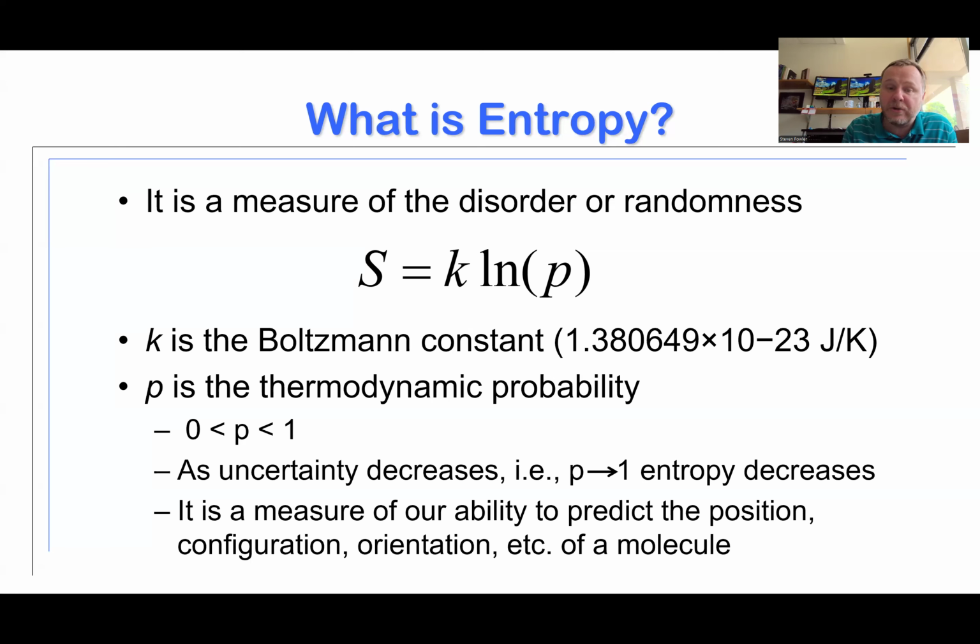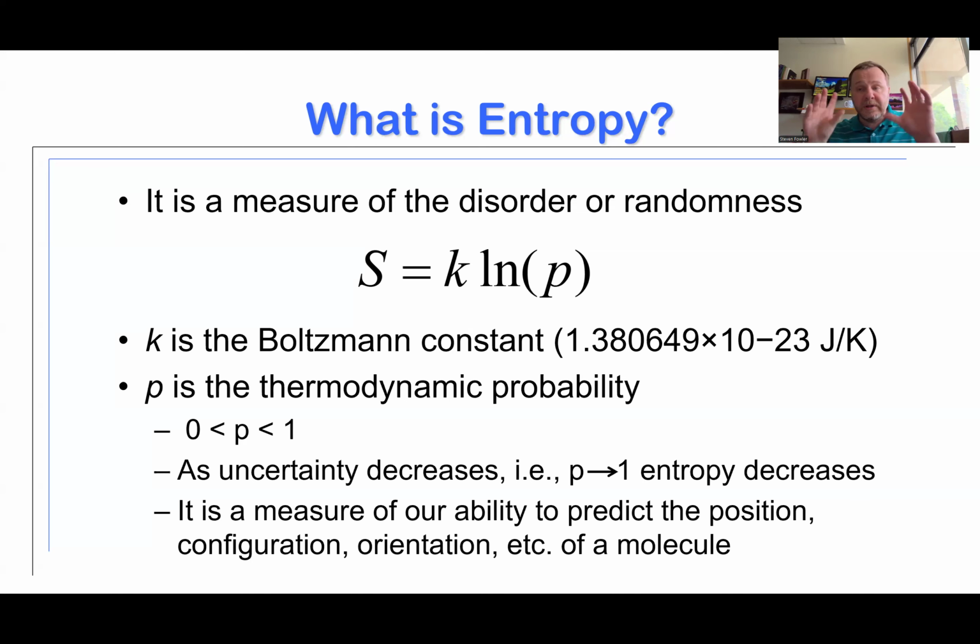This is a constant describing phenomena in nature. The thermodynamic probability, P, is our ability to predict exactly what a molecule or an atom is doing and where it's going to be, exactly where it's at, XYZ location, exactly how it's moving, rotating, vibrating, and exactly what it's going to do in the next instant of time.